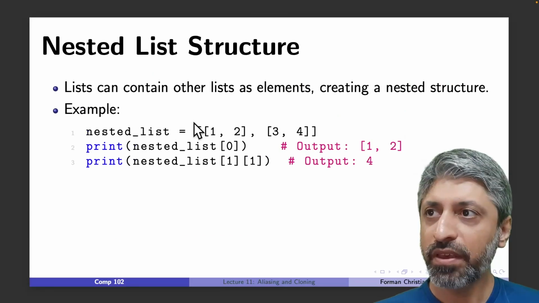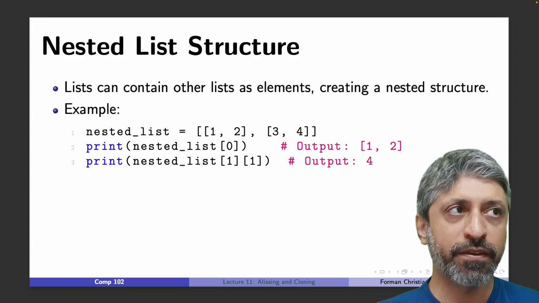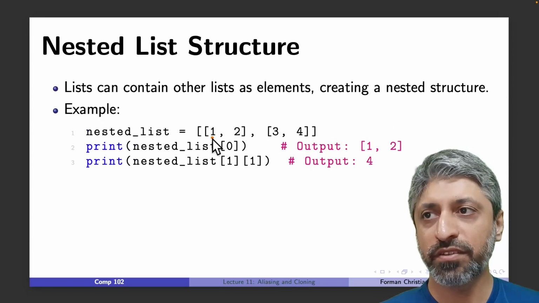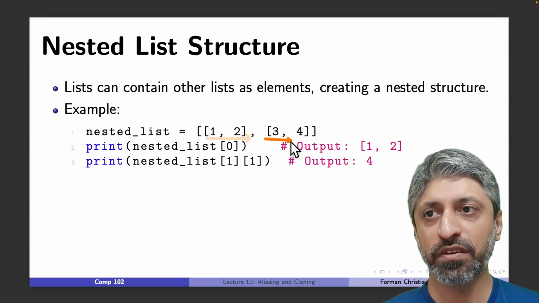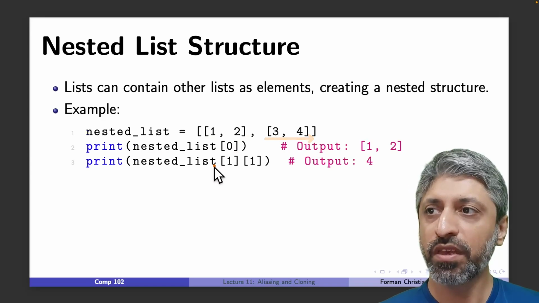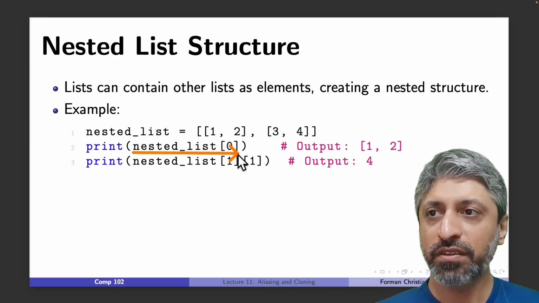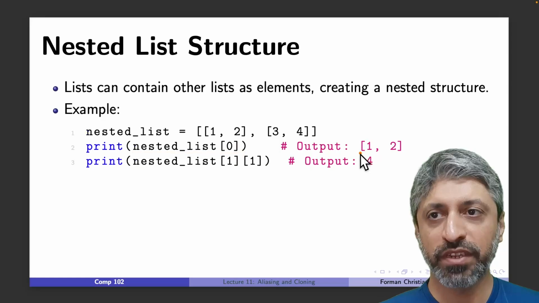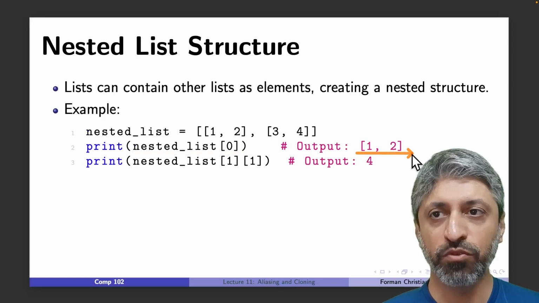So here, lists basically can contain other lists. So these are nested lists. You can see that in this list there are two objects, or both of these are lists themselves. So when you do nested lists, the first item is going to give you the first item, which is the list 1, 2.